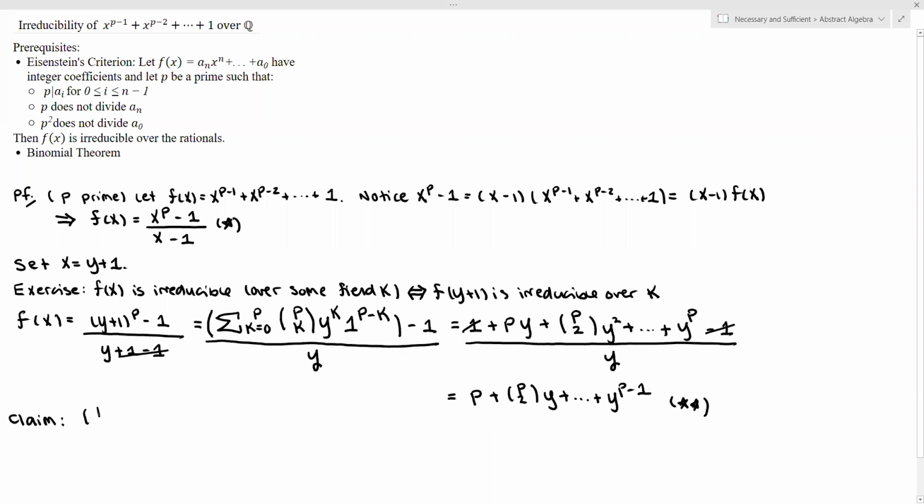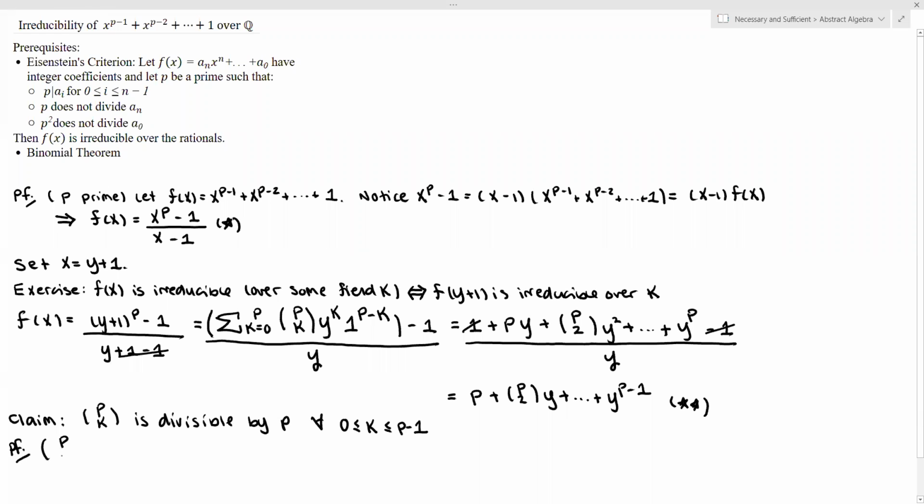Let's say we have p choose k, then this is divisible by p for all k between 0 and p minus 1 inclusive. So maybe a proof sketch.